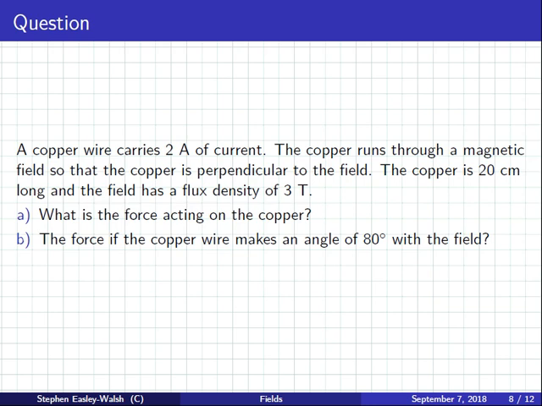You need your calculator. Are you in degree mode? Oh, it's in R.